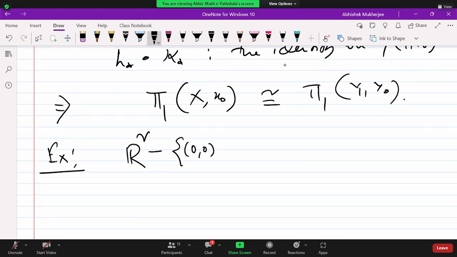this is a space having non-trivial fundamental group, right? But still, so still it is simply connected.